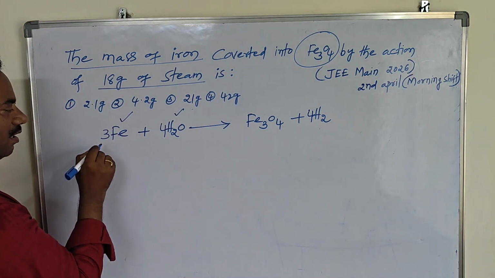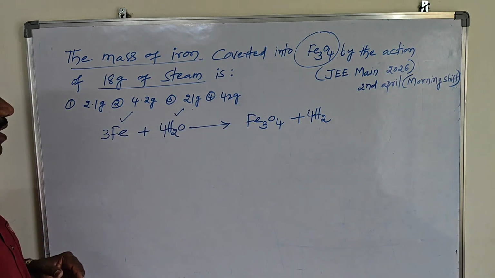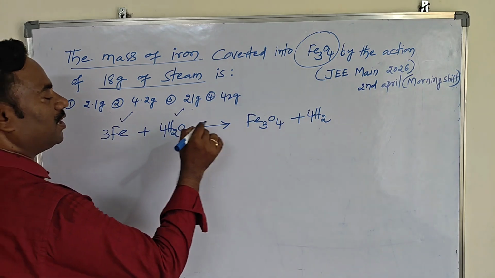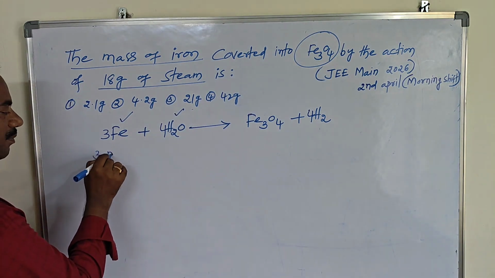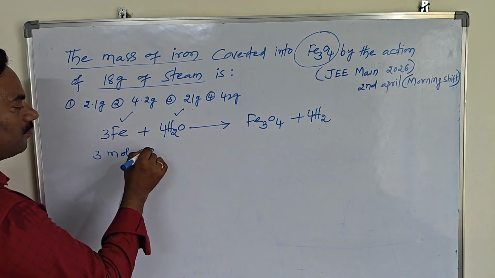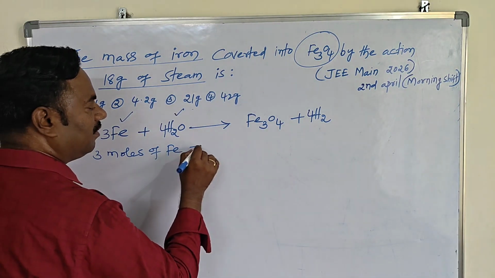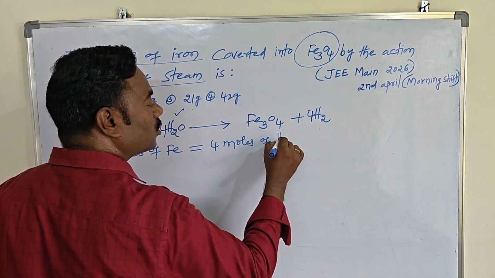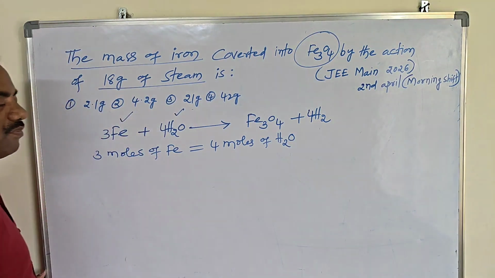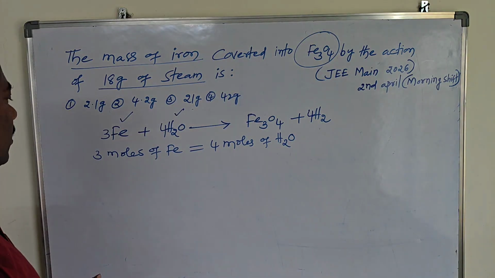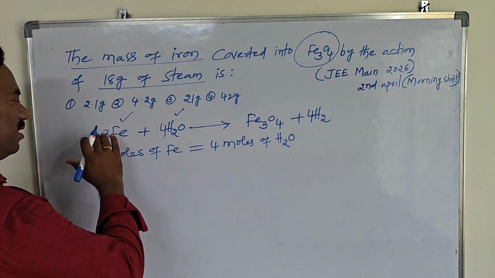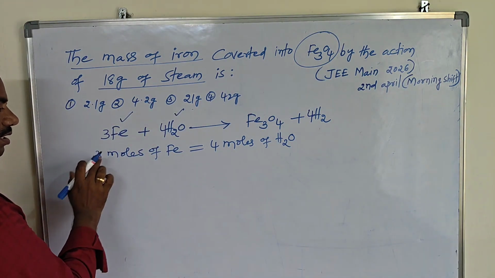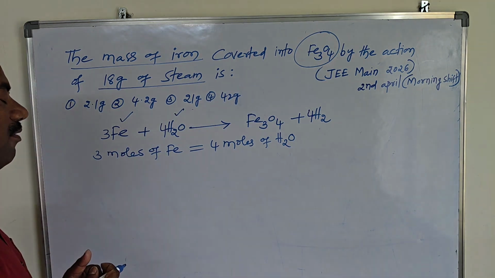From the balanced chemical equation, I know that 3 moles of iron react with 4 moles of H2O. First write like this. After balancing the chemical equation, for the relation between iron and steam, you need to take these two from the balanced chemical equation.